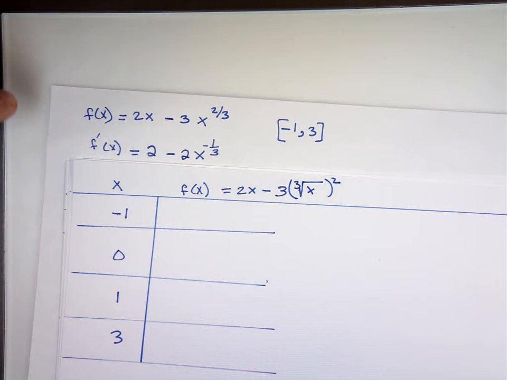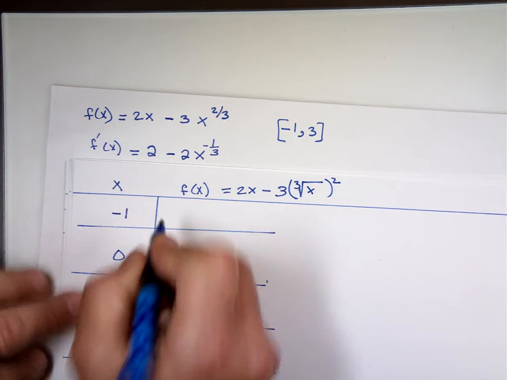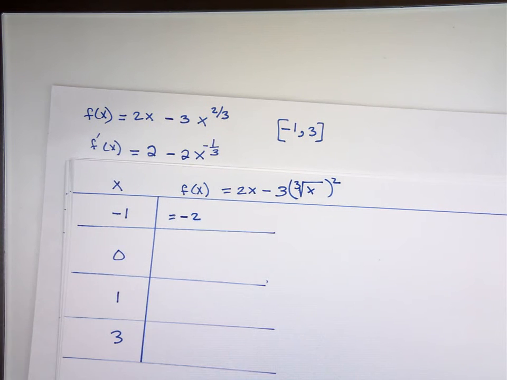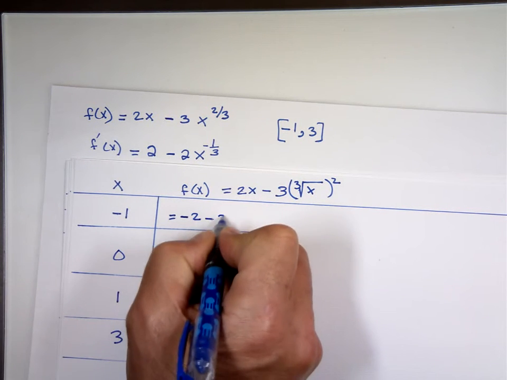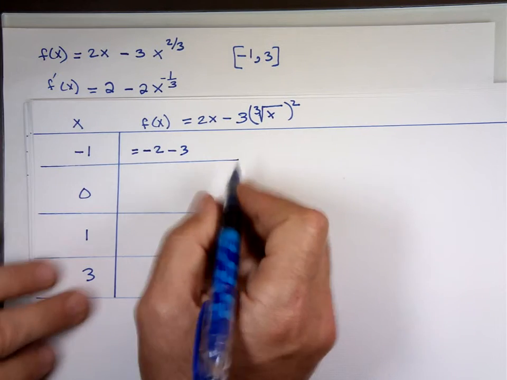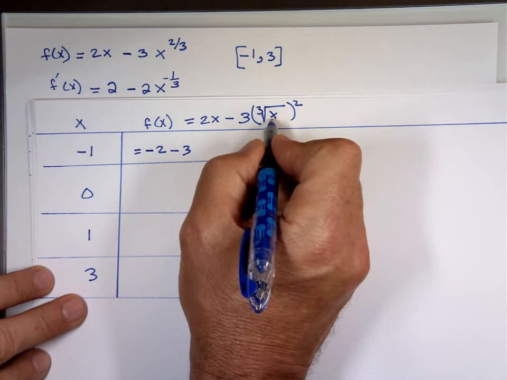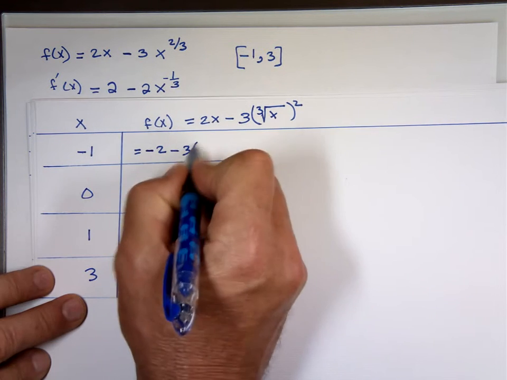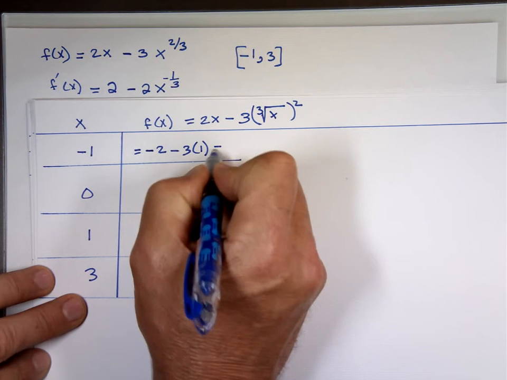So when x is minus 1, that'll be 2 times the minus 1, which is negative 2, minus 3 times. What is the cube root of minus 1? Is that negative 1? Square it, that's a 1. So we have what? Negative 5?